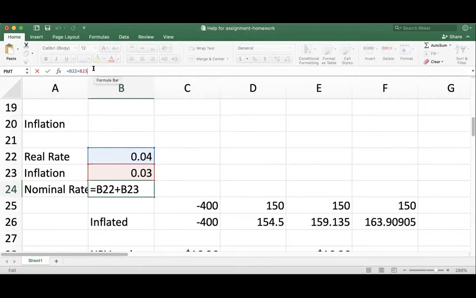So if you're given a problem where you're not told the real rate, but you have the nominal rate and inflation, you can figure out the real rate. It's also possible if you have the real rate and the nominal rate to figure out inflation. So if you have 2 of the 3, you can figure out the other simply by solving for the third by knowing the first 2.